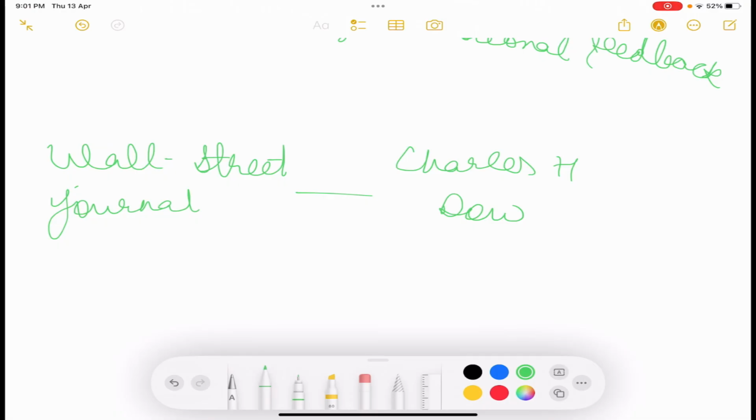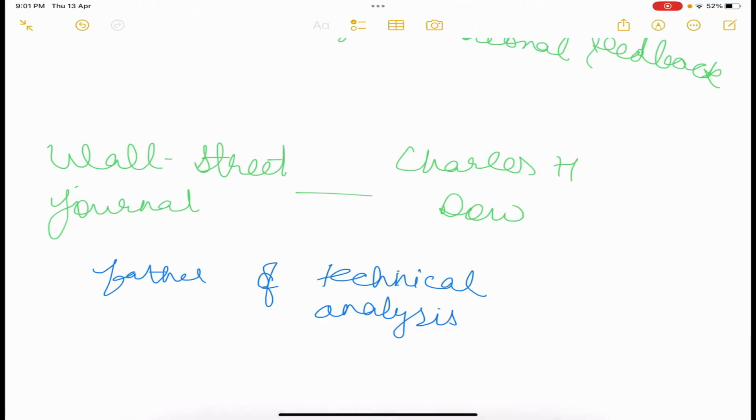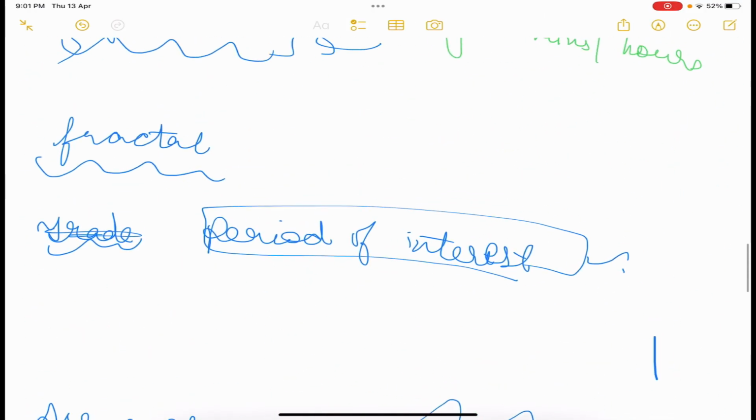So Dow Jones was named after Mr. Charles H. Dow because he is the father of technical analysis. Keep that in mind. Father of technical analysis. So who is the father of technical analysis? Charles H. Dow is the father of technical analysis. Alright, I think that's about it.